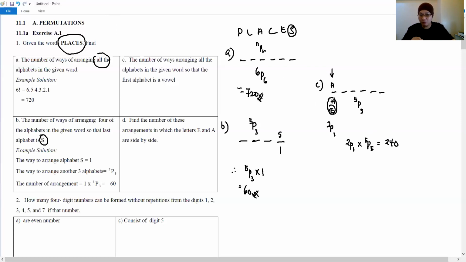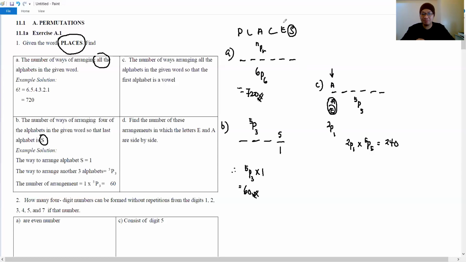The condition is the first word must be a vowel. It can be either A or E. So how to fill in here? It will be 2P1. Why? Because we got 2 available words, A and E, but we need to choose one, either A or E. That's why I put 1 here. So if I put A here, what happened to E?